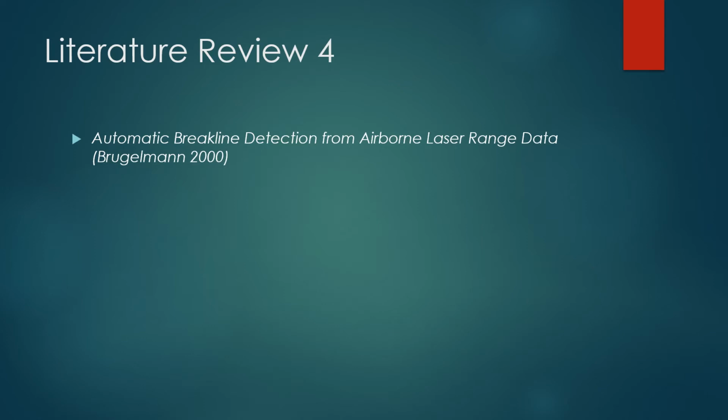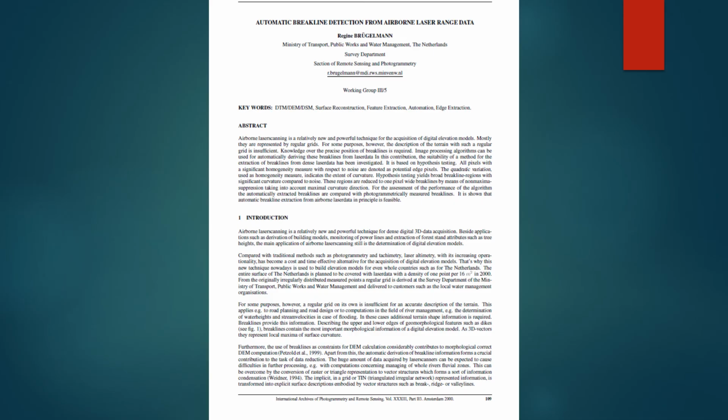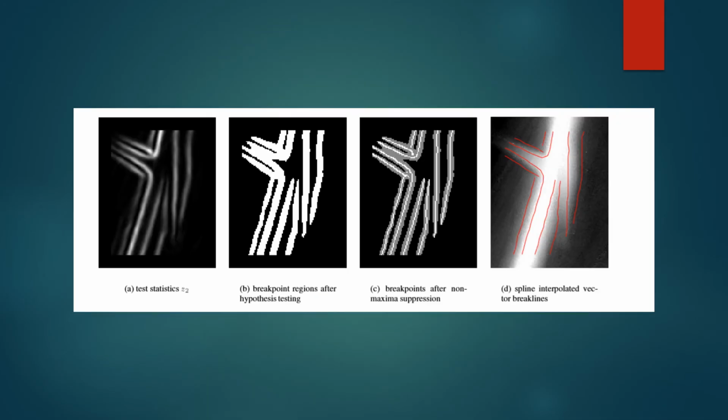The next source that I'm reviewing is an article called The Automatic Break Line Detection from Airborne Laser Range Data. It's a 2000 article. The object of this study is to detect what is called a break line, which is a break in the elevation or a transition from a flat area to a sloped area.